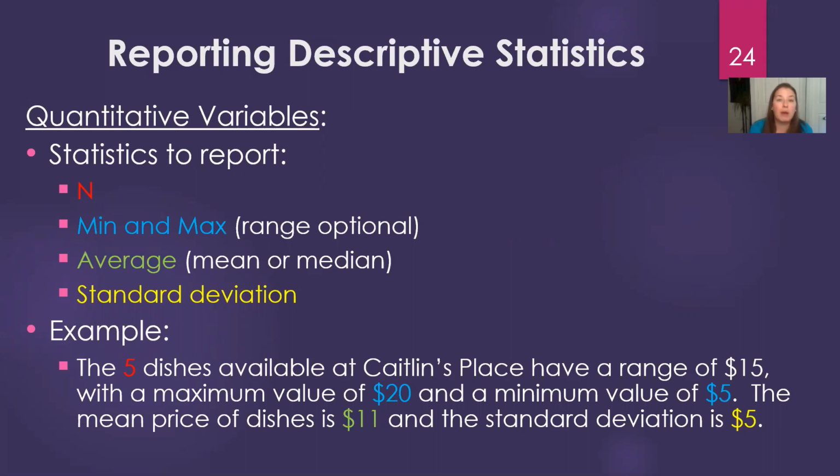Anytime you have an interval level variable, aka a quantitative variable, there are 4 pieces of information that you always report. When on the classwork and homeworks I ask you to report all appropriate descriptive statistics for an interval level variable, you will always, always, always report these 4.